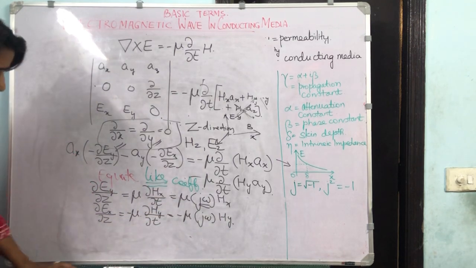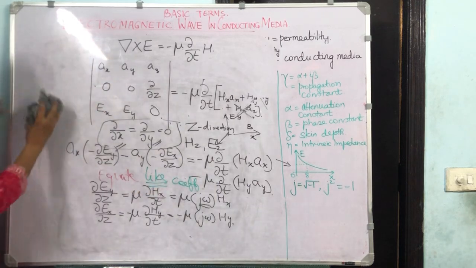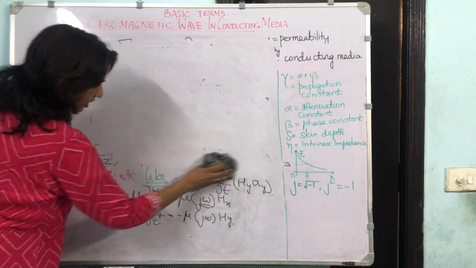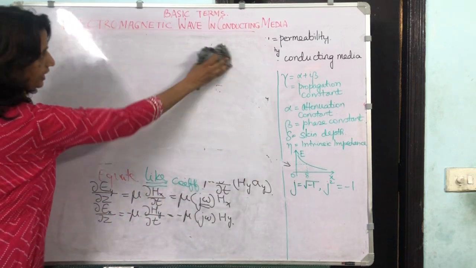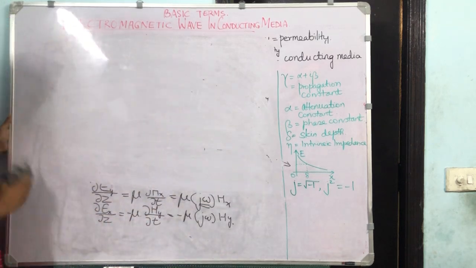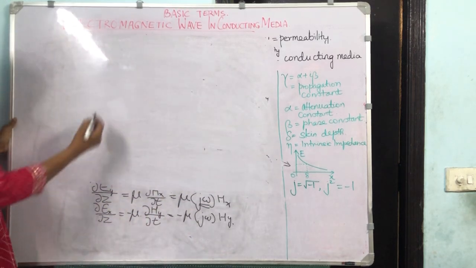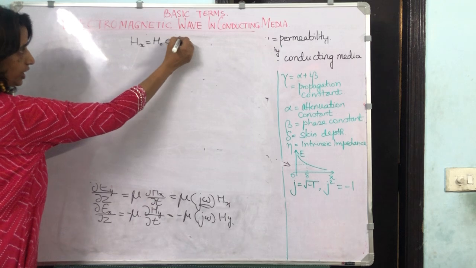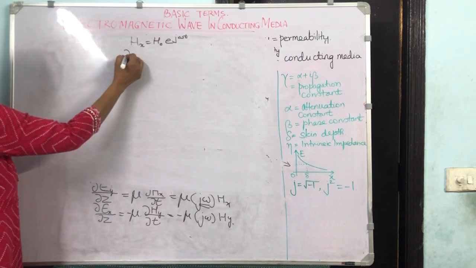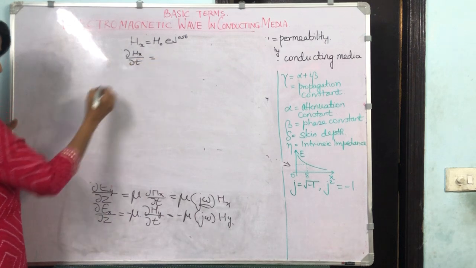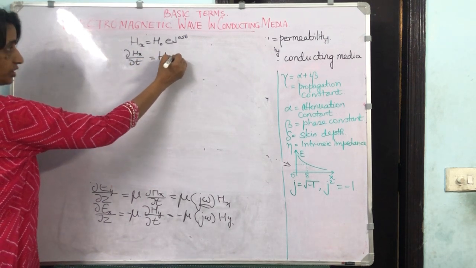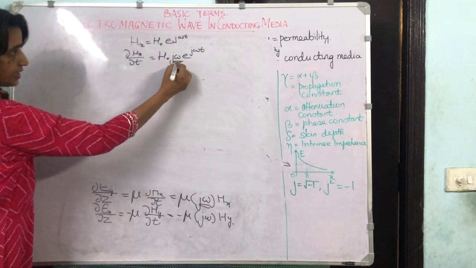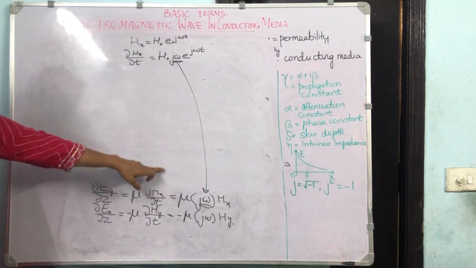Now the field vectors E and H are varying in a sinusoidal manner with time, and we know that the values for H and E come in exponential form. Hence HX is H naught e to the power of j omega t. If I differentiate this, del HX by del t becomes equal to H naught j omega e to the power of j omega t. This j omega we have got here.